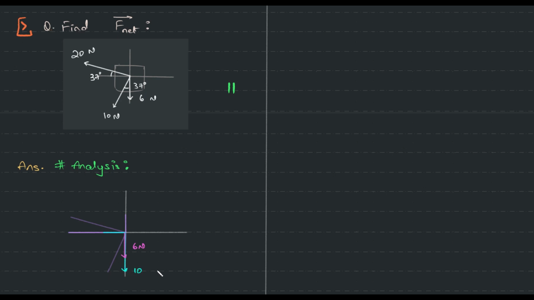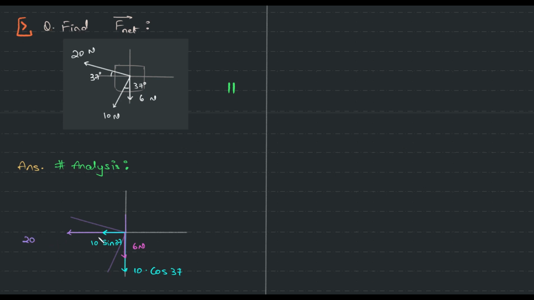This will be 10. This is the adjacent side, so this will be cos of 37 degrees. This will be 10 sine of 37 degrees. And this is 20.